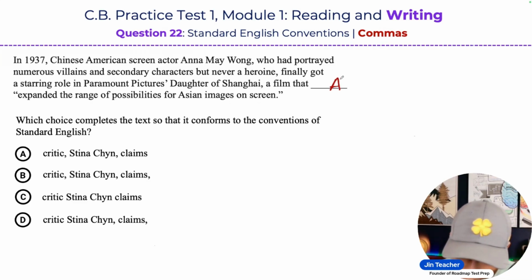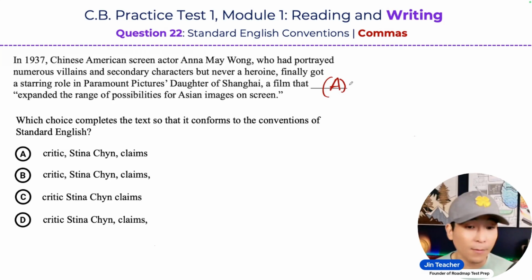Now, here's another tip too. If this is the very first video of mine that you're watching, when you're reading the passage, don't just skip over the blank, but actually read it with answer choice A plugged in. Some students read it like "a film that blank expanded." It doesn't make any sense, and it's going to be much more confusing for you. So instead, plug in answer choice A and then read it.